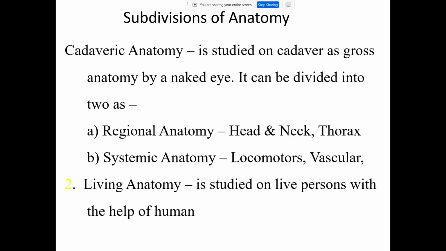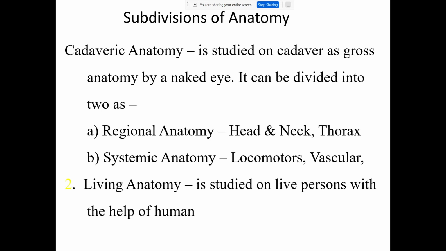So whatever is our convenience and our need and necessity, we can go region wise. That means the whole body is divided into 6 regions, that is 2 upper limbs, 2 lower limbs, head and neck, and the middle part, that is trunk.